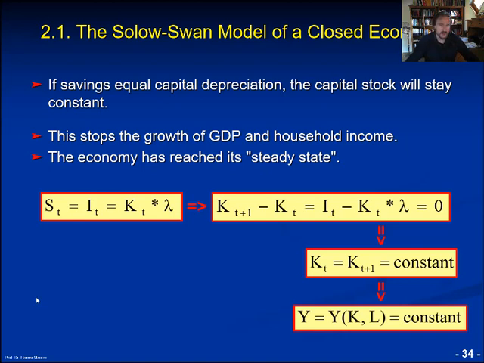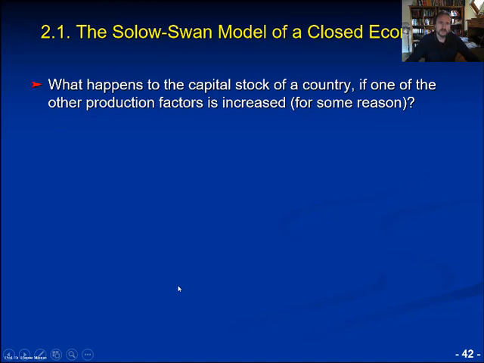The following slides and the lecture notes contain information about the production factors typically used in GDP production. We will now address the question what happens with the steady state of an economy if the supply of one of the other production factors grows.